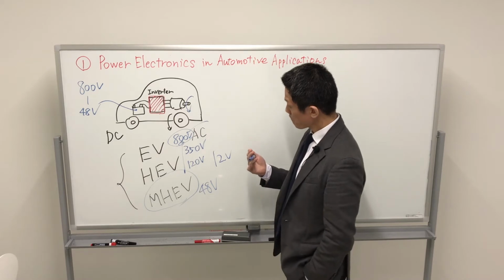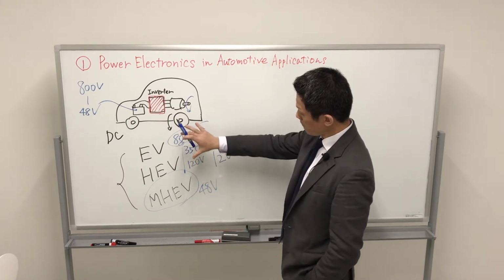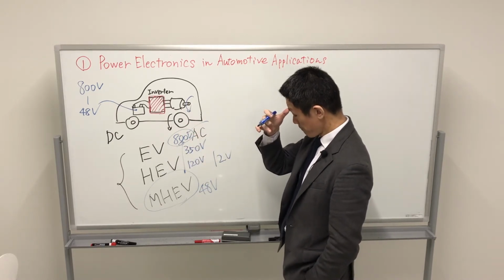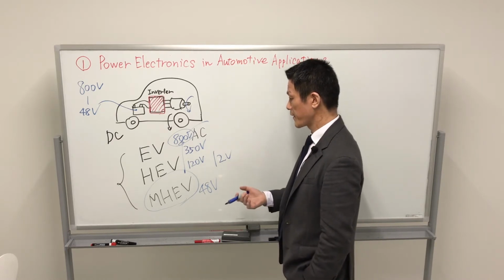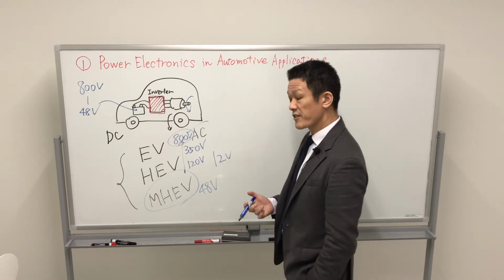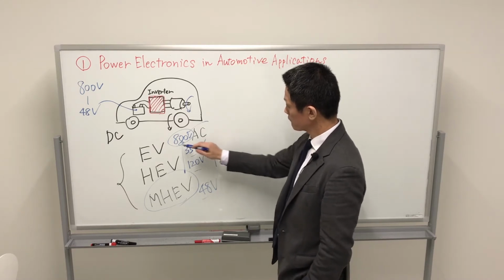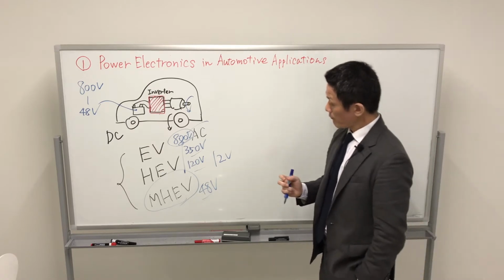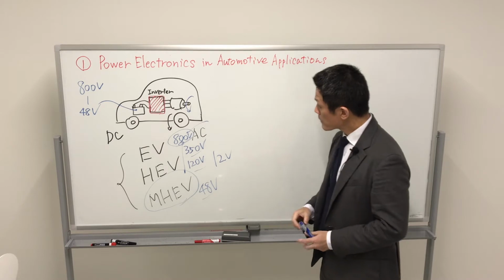And of course, there are many types of electric vehicles, and each car manufacturer and car company has its own strategy, so they have many types of batteries. Okay, I'll talk about the next step.